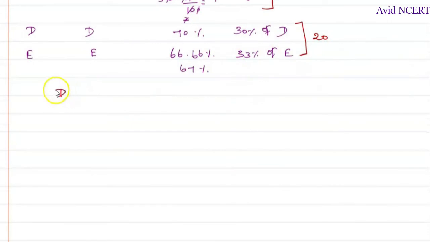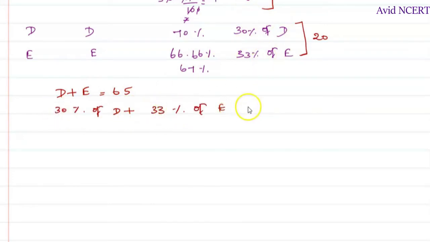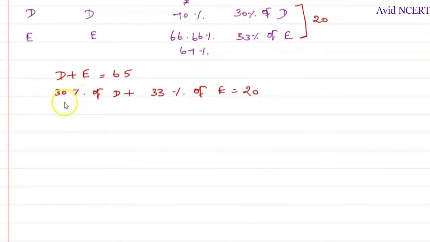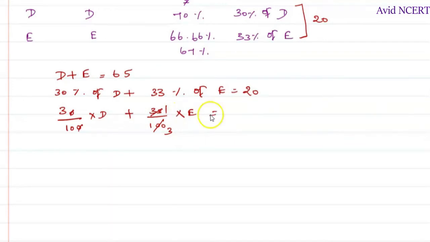So the data we have here is D plus E equals 65, and 30% of D plus 33% of E equals 20. Again, this can be done both by the fraction method as well as the decimal method. The method we are going to use here is 30% written as 30 by 100 times D, which is 3 by 10 D, plus 33 by 100, roughly 1 by 3, times E equals 20.